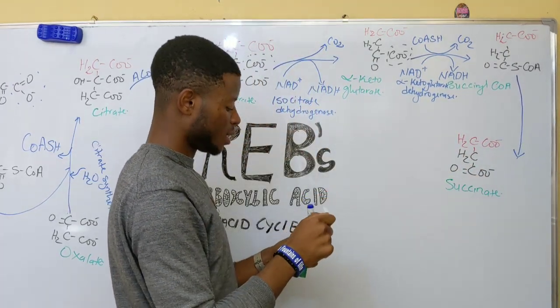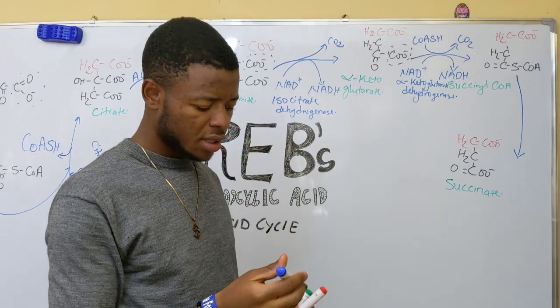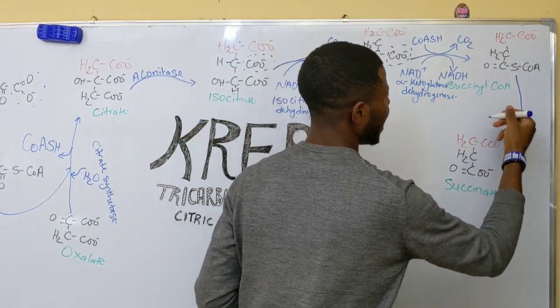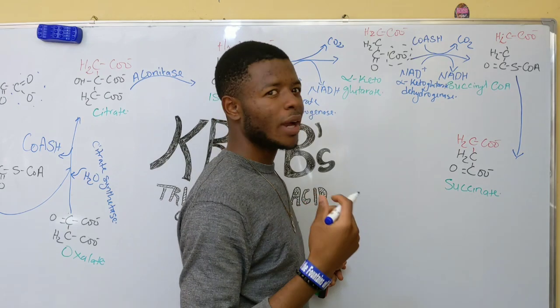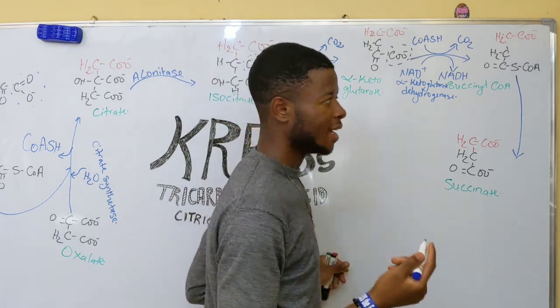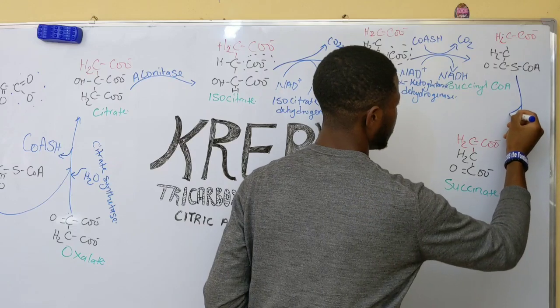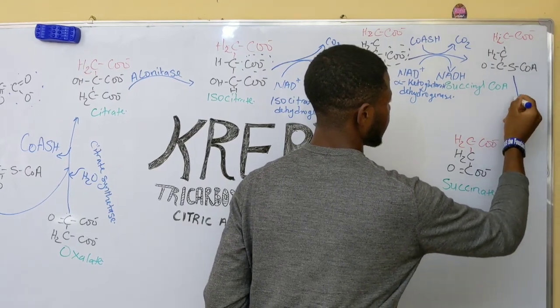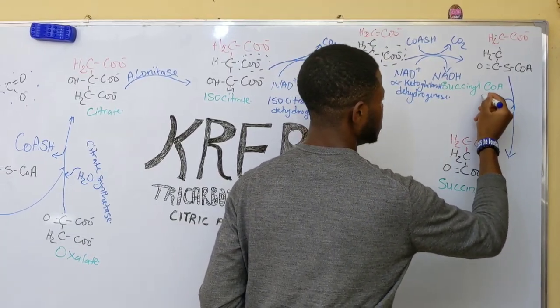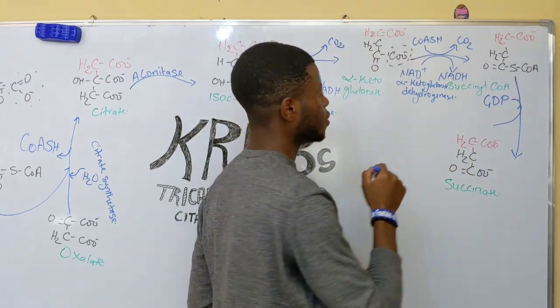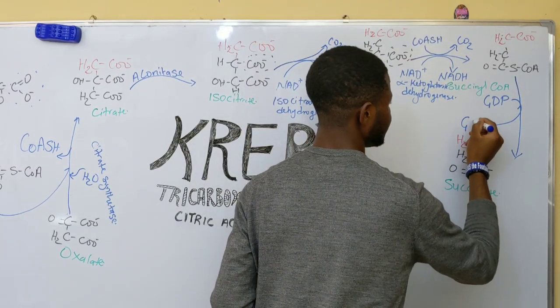This is quite succinate. But how did I get to succinate? That is the question from here. I'm going to be having a very interesting reaction taking part here. That means I will be using GDP to form GTP.